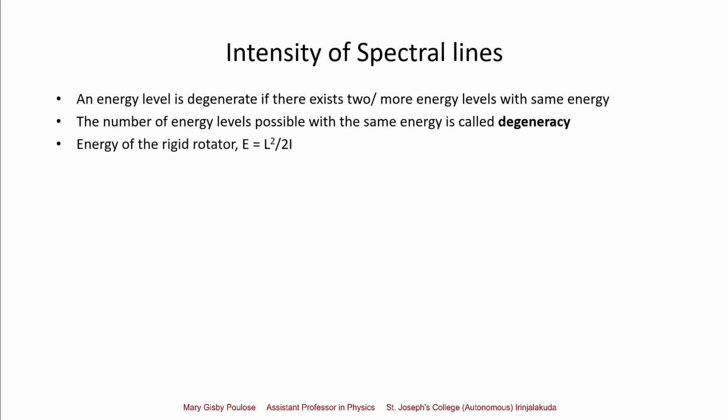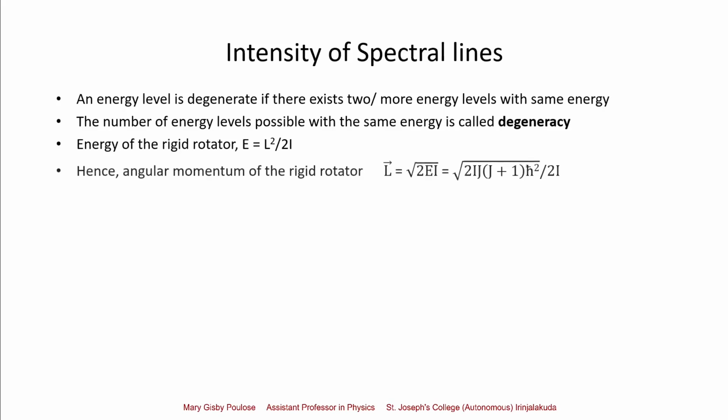Now, the energy of a rigid rotator is given as E is equal to L squared by 2I, where L is the angular momentum and I is the moment of inertia. Hence, we can write the angular momentum of the rigid rotator as L is equal to square root of 2EI.